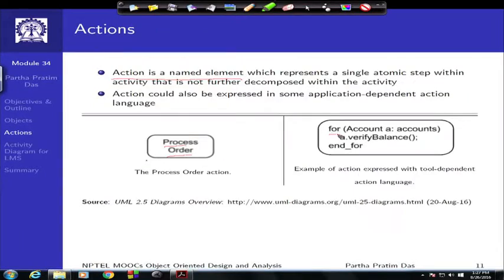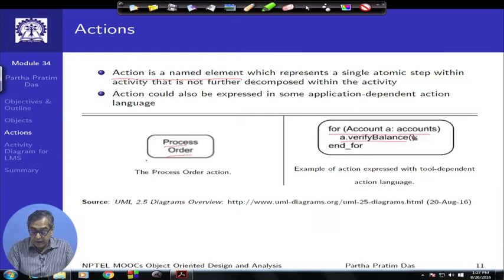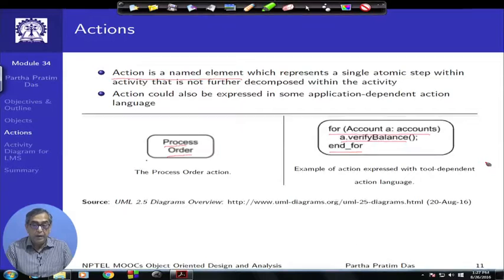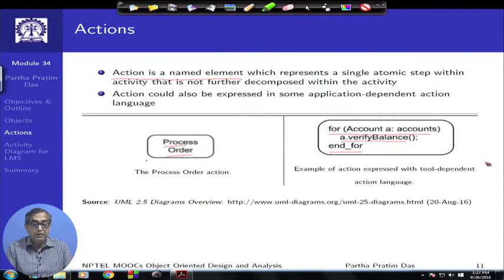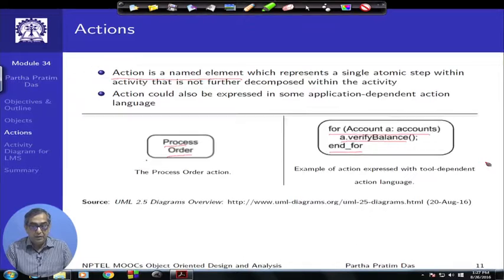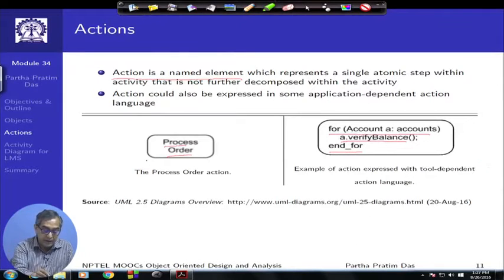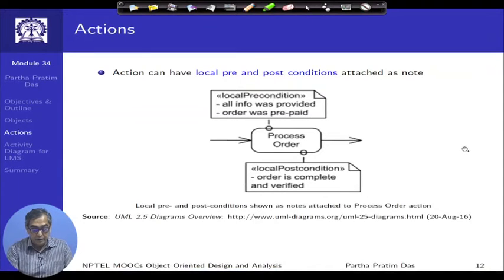So you could also define actions which are expressed in a certain programming language. So actions are not necessarily generic in nature. You could have actions in a UML activity diagram which are specific to the UML tool you are using, so that you can give more and more details. For example, you could have a C code attached as an action describing how it will be realized and so on. So actions give further details and low level details.